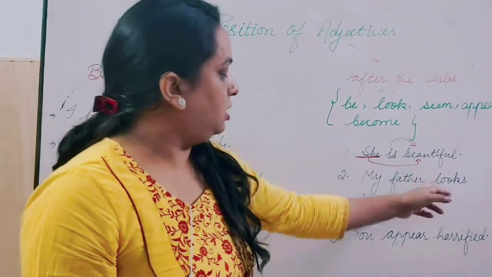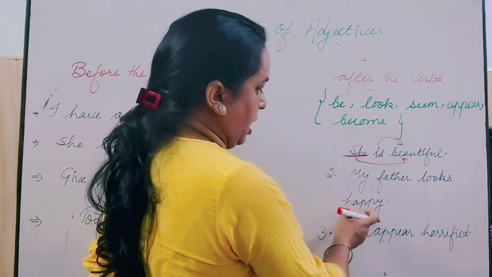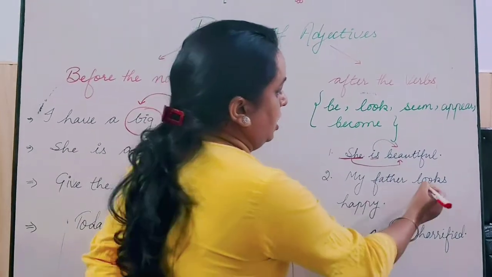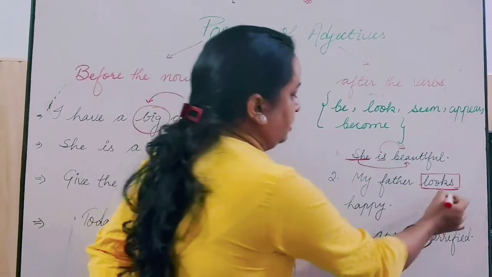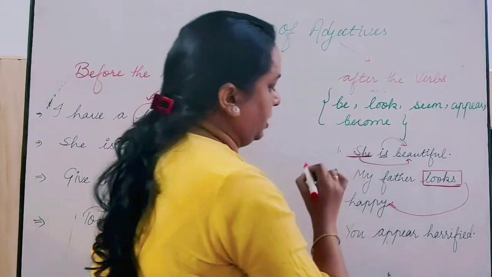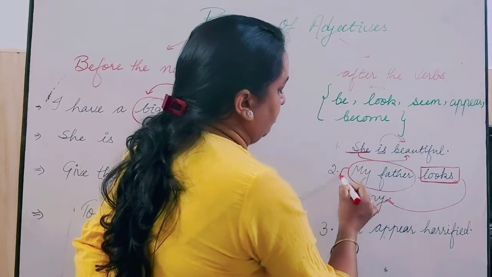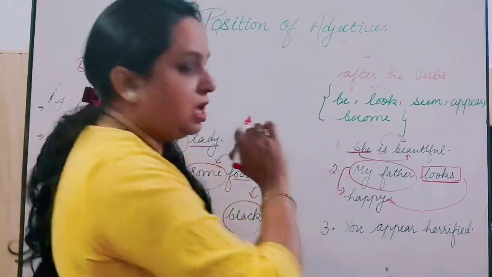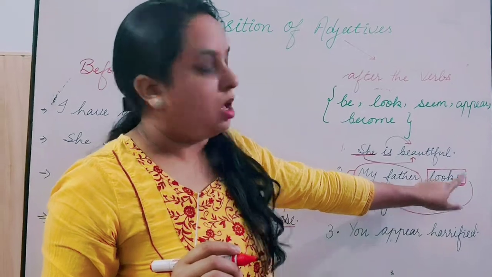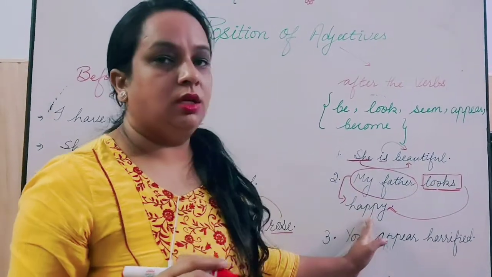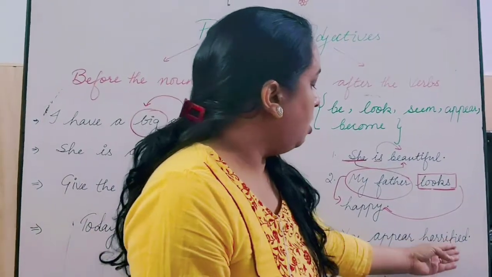Next, my father looks happy. Here my father is the noun, that is okay, but here looks is what? Verb, and after this looks I have written happy. So this is describing my father, that my father is happy. So once again, after the verb looks, I got the adjective. Next one is, you appear horrified.